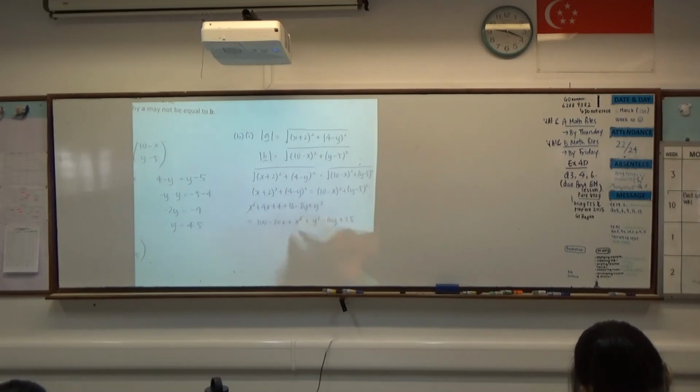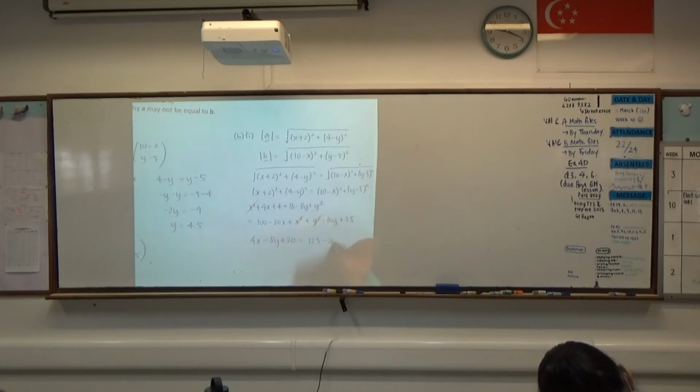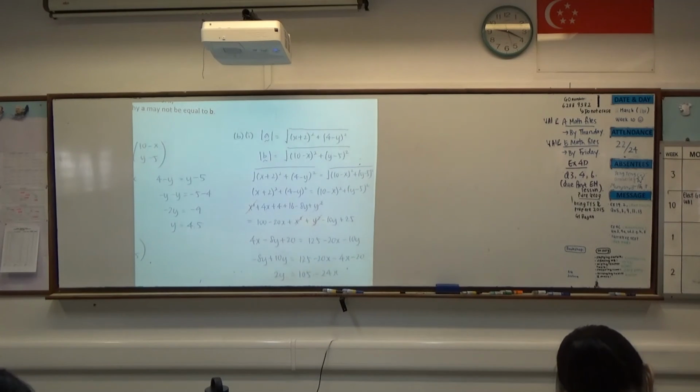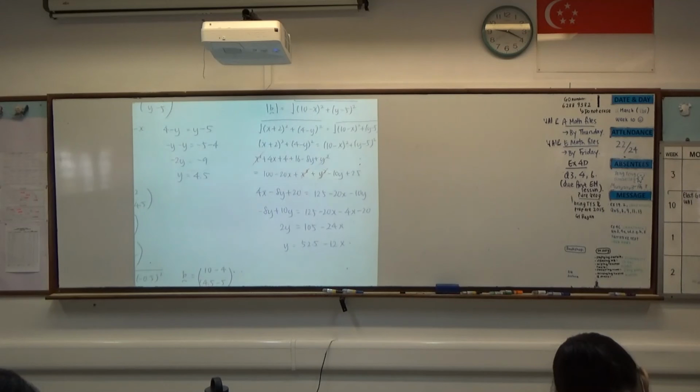So the X squares cancel out, Y squares also cancel out. So Y is equals to 52.5 minus 12X.